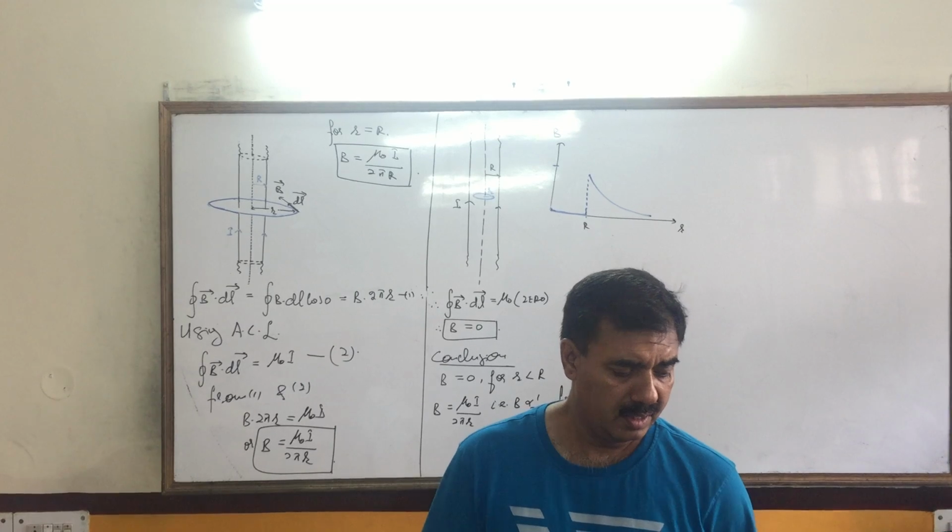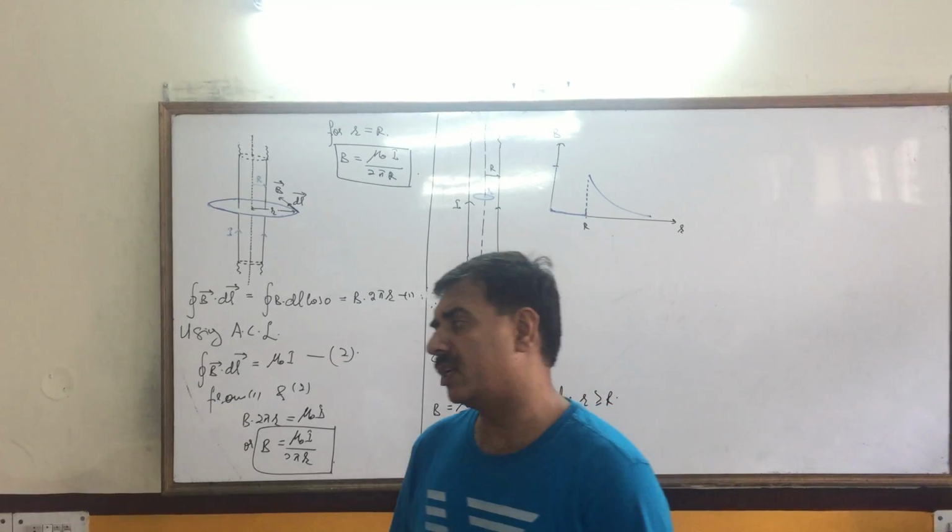Consider a solid cylindrical wire of radius R carrying a current I.